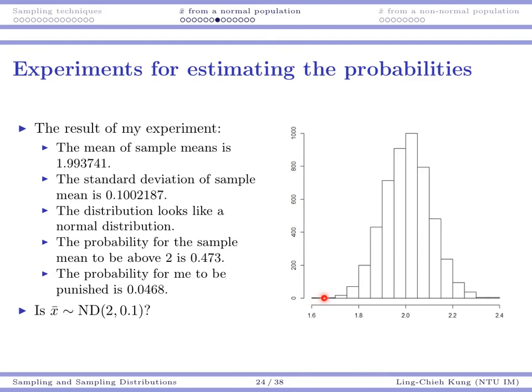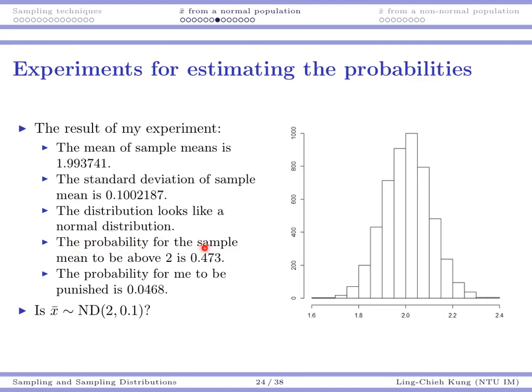I would say it's somewhat like a normal distribution, right? At least it looks somewhat symmetric, somewhat like a bell shape. It's not a uniform distribution. It's not skewed to the right. It's not skewed to the left. It looks like a normal distribution.